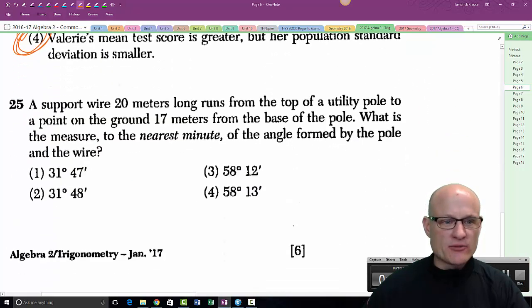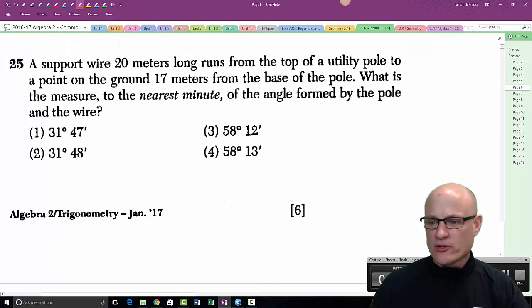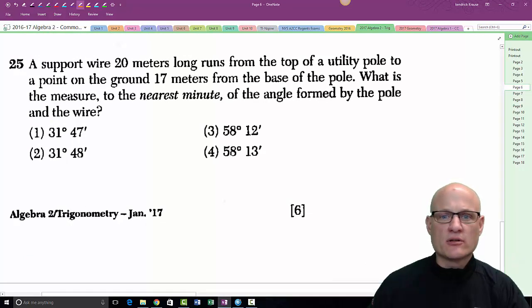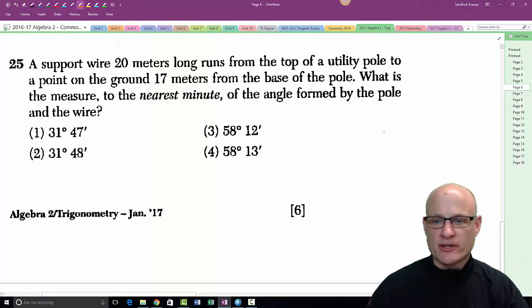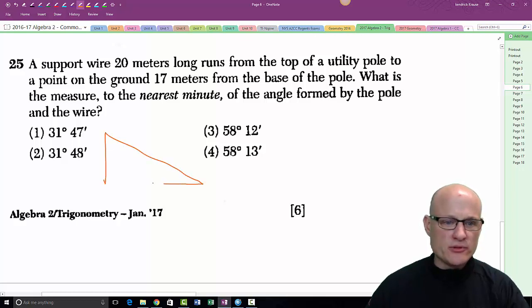All right, let's do this one last one. A wire supports a pole from the top of a typical utility pole to a point on the ground 17 meters away.